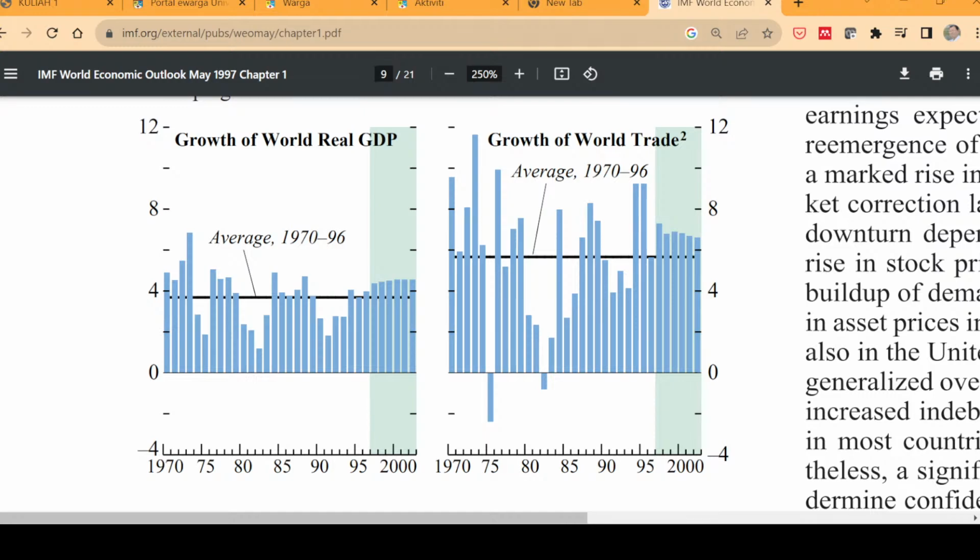So that's a different story, and a very unique situation at that time.